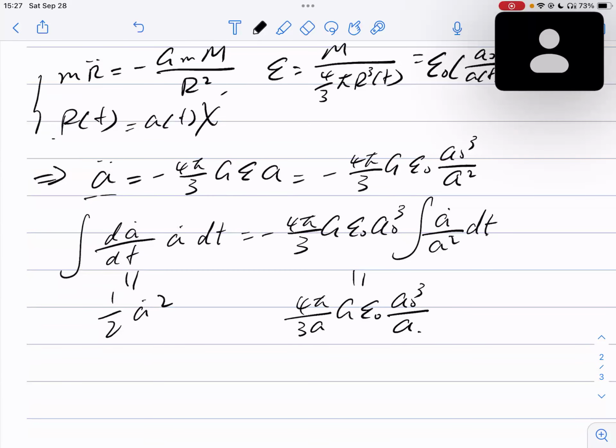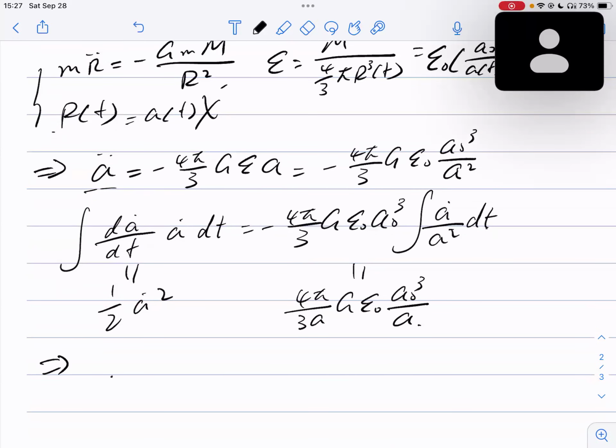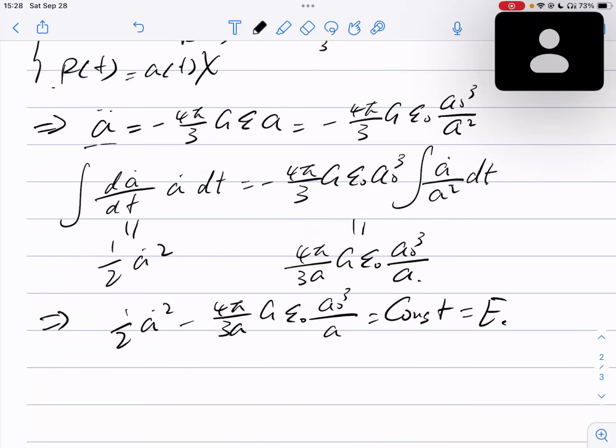Considering the integral constant, we obtain this equation: 1/2 a dot squared minus 4 pi over 3 G epsilon_0 a_0 cubed over a equals the integral constant, and we can name it the energy E. Using the definition of the Hubble parameter, we can rewrite this as H squared minus 2E over a squared equals 8 pi G over 3 epsilon.